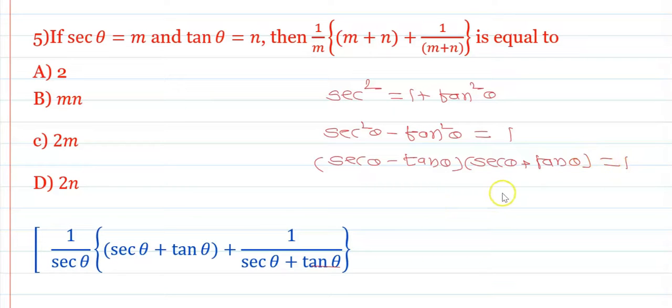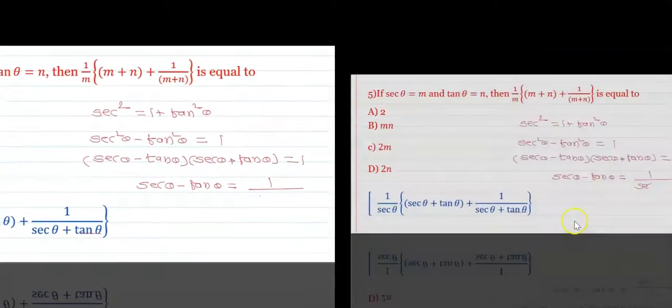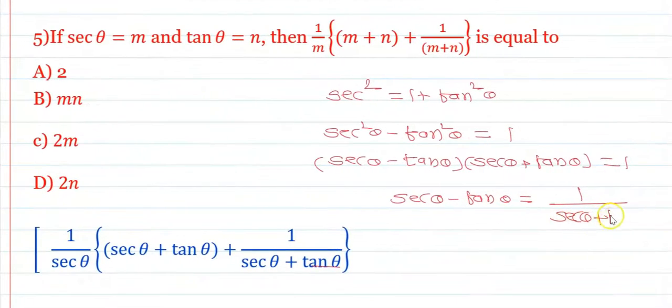And therefore the value of sec theta minus tan theta is equal to 1 upon sec theta plus tan theta. Therefore 1 upon sec theta plus tan theta means what?